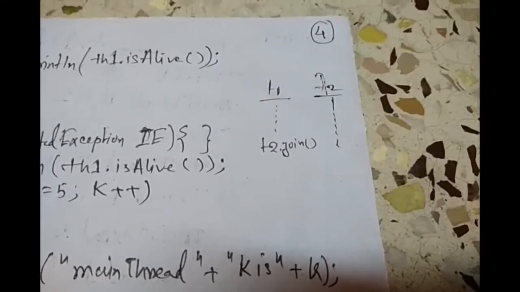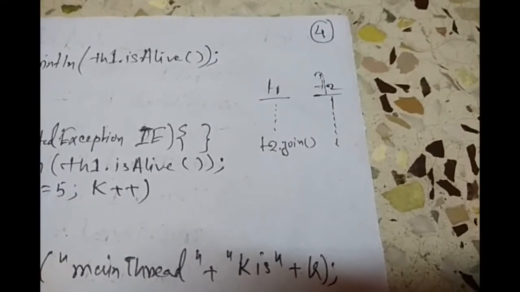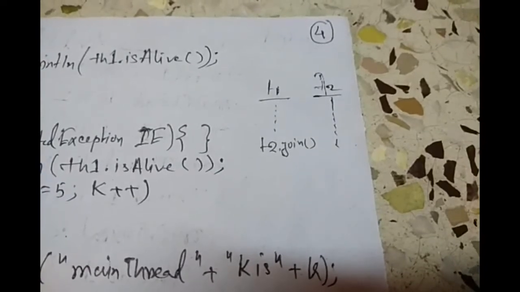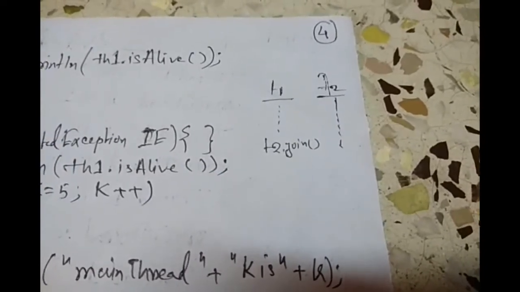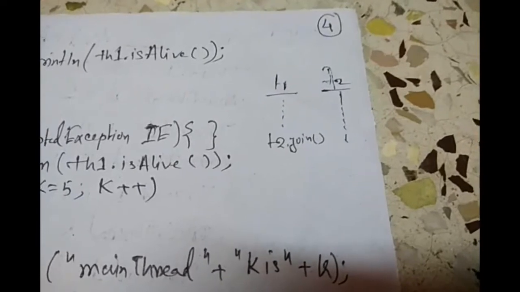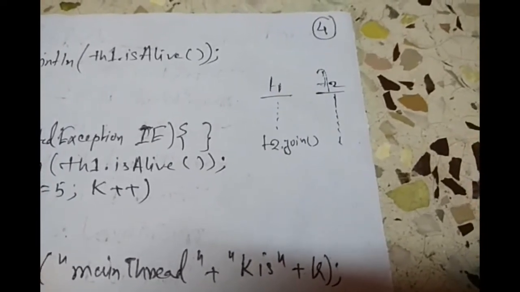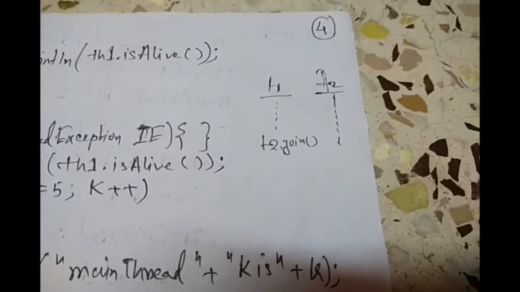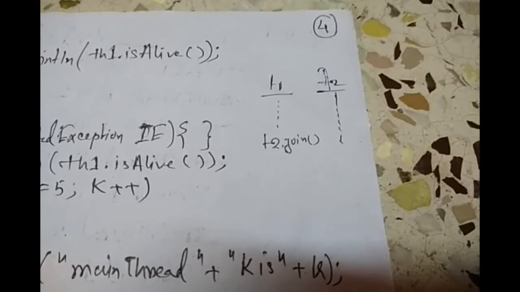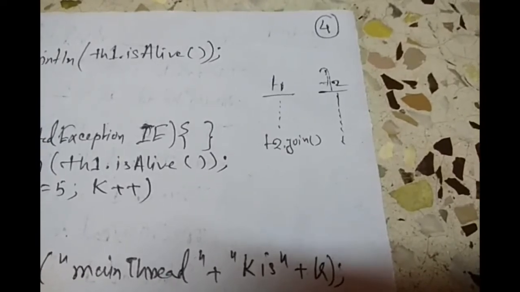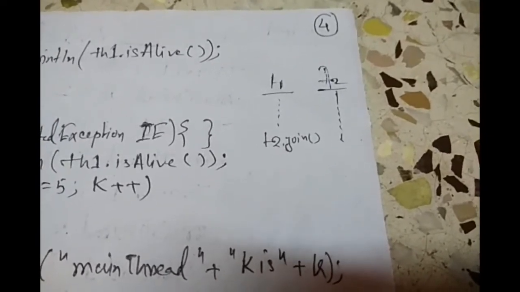If any event or any thread interrupts the execution of T1, there may be a chance that an InterruptedException occurs. So always try to put T2.join inside a try catch block.